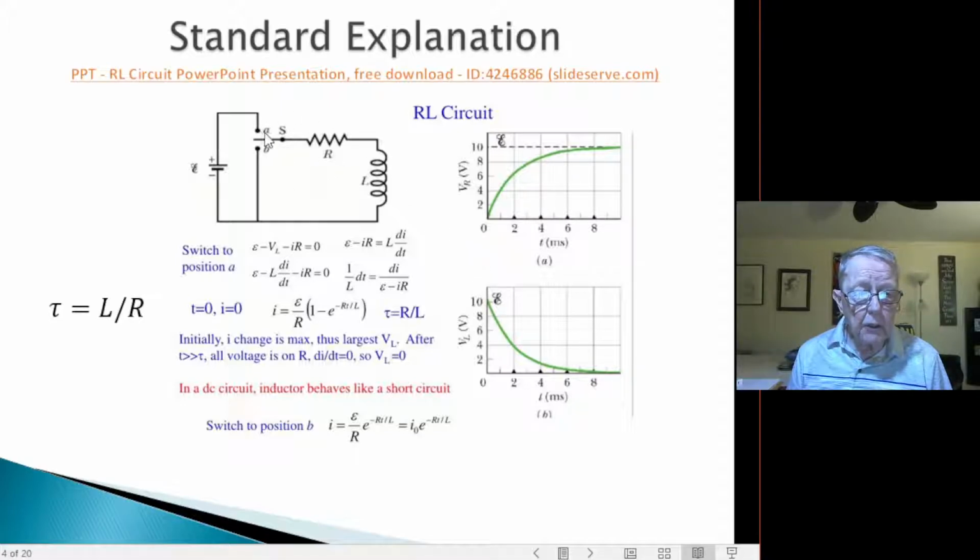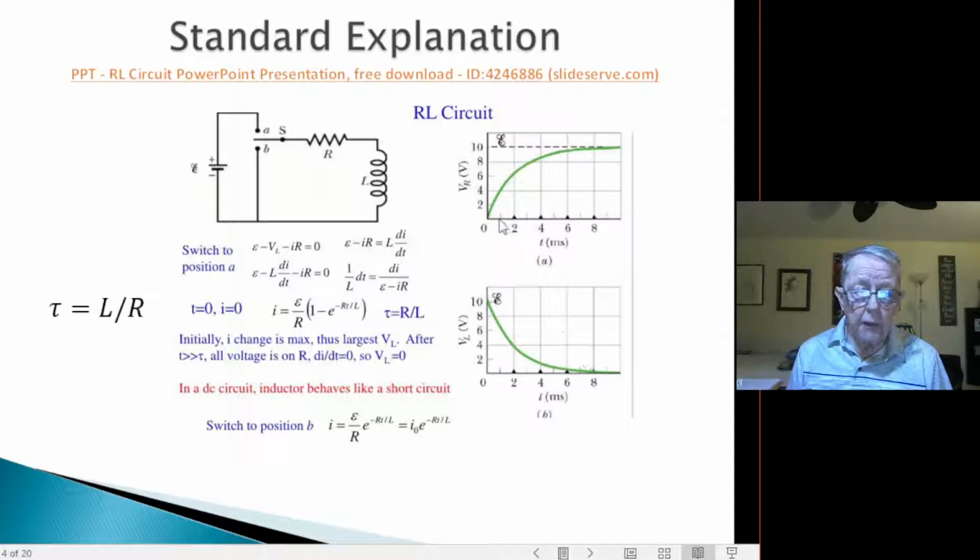As soon as you close the switch up to A, you'll get an immediate 10 volt drop across the inductor, and you have nothing across the resistor. As time goes on, over these time constants, 2, 3, 4, as it builds up in charge, it charges less and less until it's full.